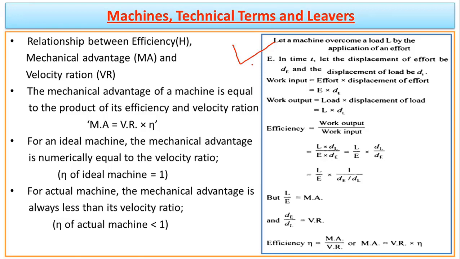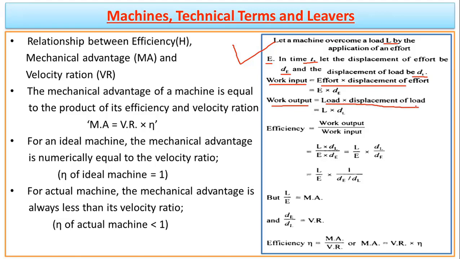Here, if we take for a machine some terms as capital L for the load, capital E for the effort, with respect to the time period T, the displacement of effort as dE and the displacement of load as dL. We can calculate the work input as effort with displacement of effort, whereas the work output can be calculated as load into displacement of load.